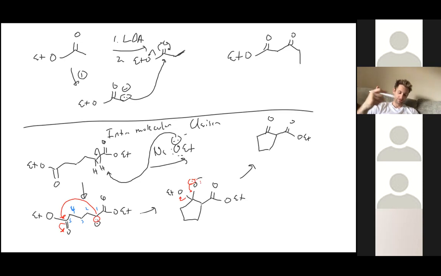So if we have 6 carbons here at the start, pulling off from our alpha position, we're going to have 1 carbon that is not part of our ring. So if you have 6 carbons in your diester, you're going to end up forming a 5-membered ring.